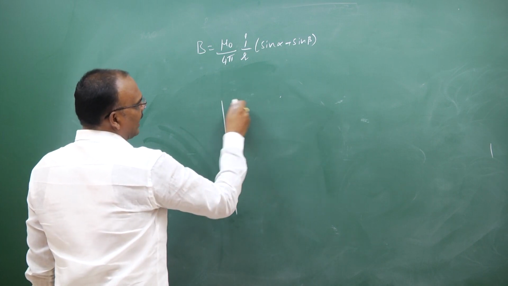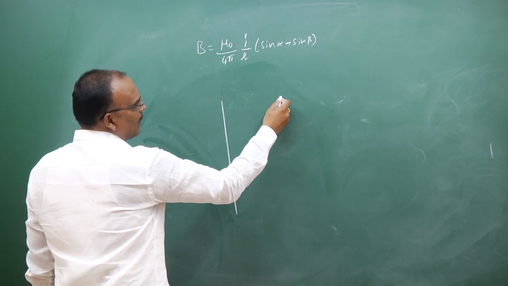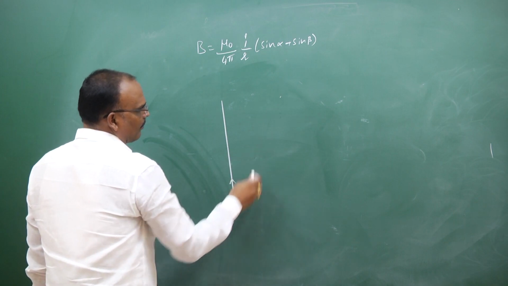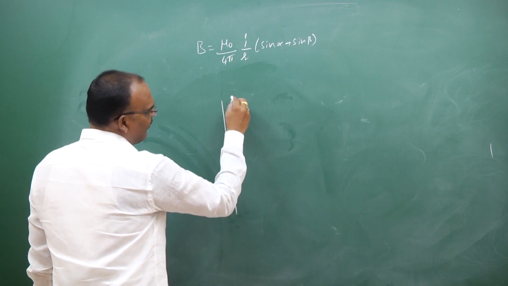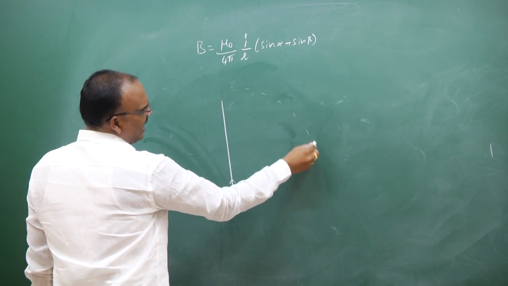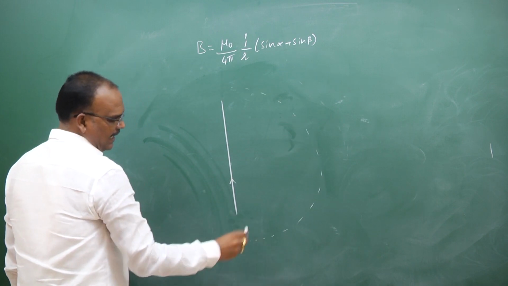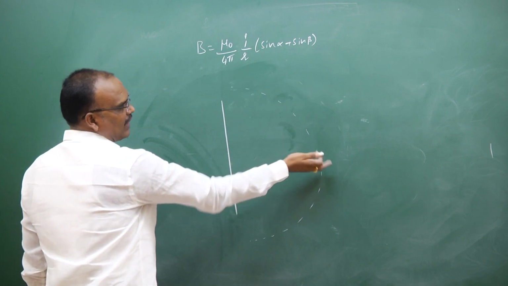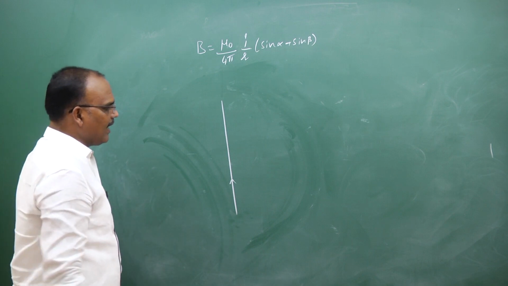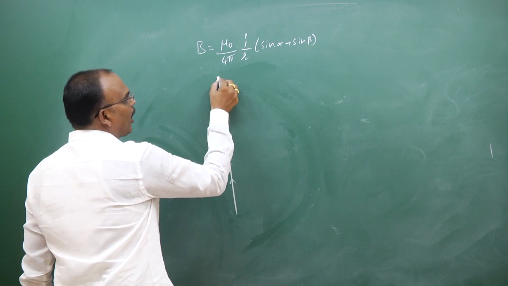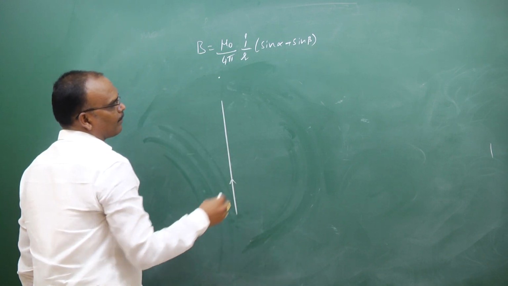If I take a point here, I can calculate directly: alpha becomes 0, and beta I have to measure. If I take a point here, alpha is there, beta is there, I can calculate. Anywhere in front of the conductor, I can calculate. But now we are going to try to calculate the magnetic field at a point along the axis of the conductor.